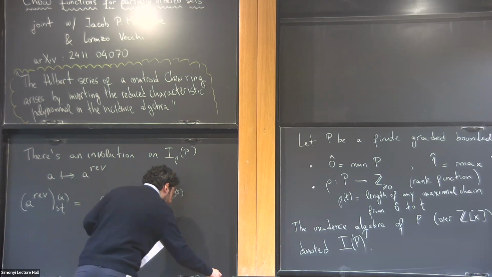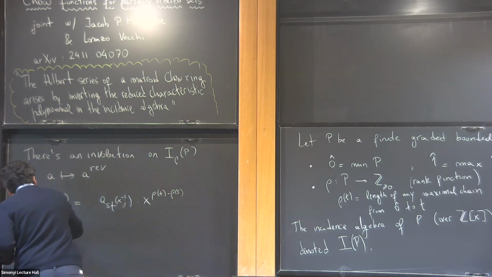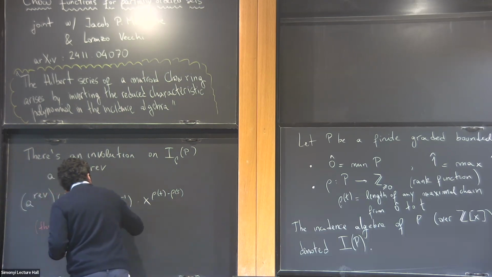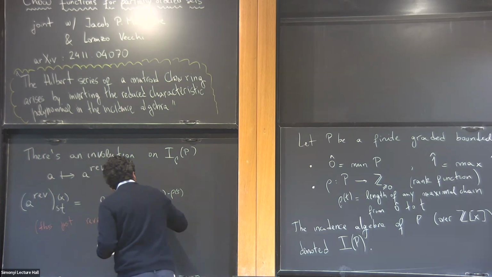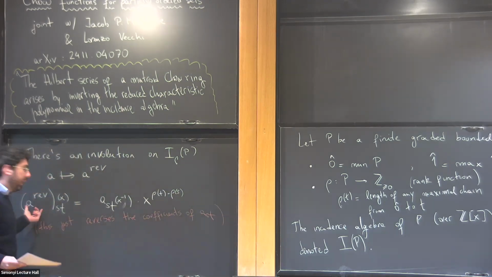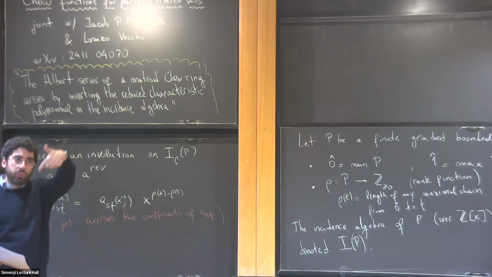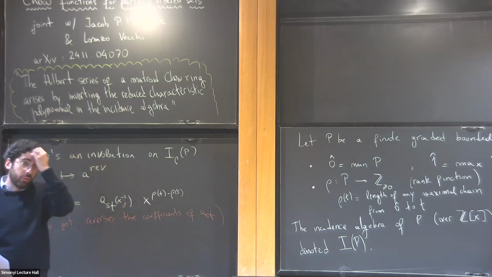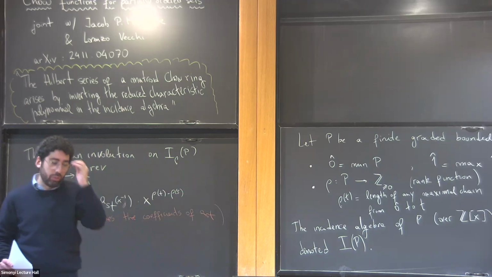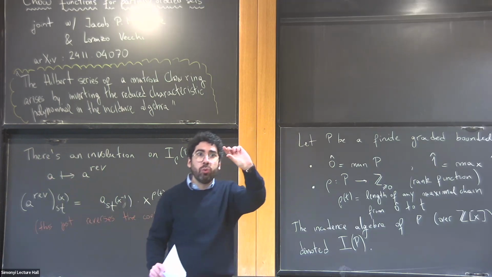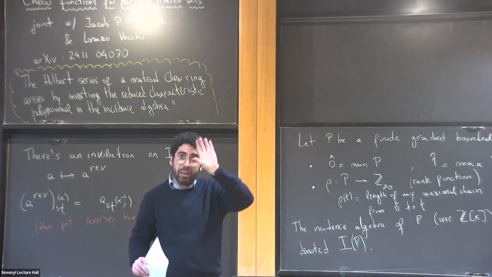What this is doing is just reversing the coefficients. So for every interval, I will take my polynomial reversed. And the reversing is done with respect to the maximal possible degree. So even though the entries are bounded in degree, you can have an interval of rank 7 whose polynomial has degree 3, when you reverse the coefficients, you will have to do it with respect to the degree 7.